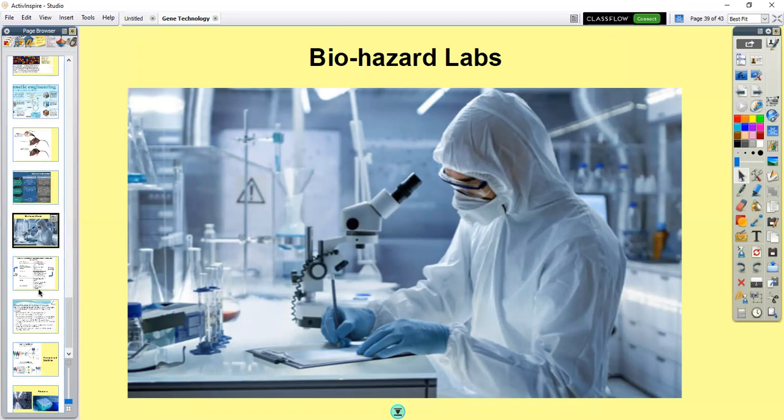So a lot of these experimental techniques are done under very high safety levels. With these labs, you can see a lot of PPE here. You can wash in, wash out. Everything's done in very controlled conditions to keep it as safe as possible. So these would be your purpose-built labs where experiments can be done.